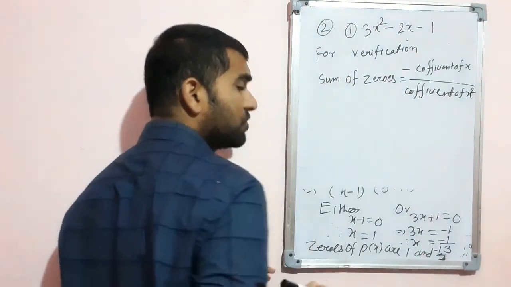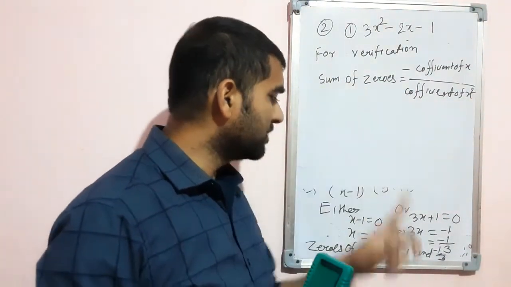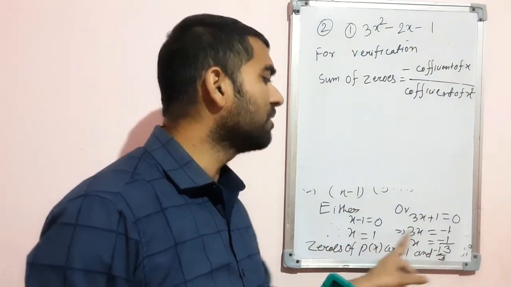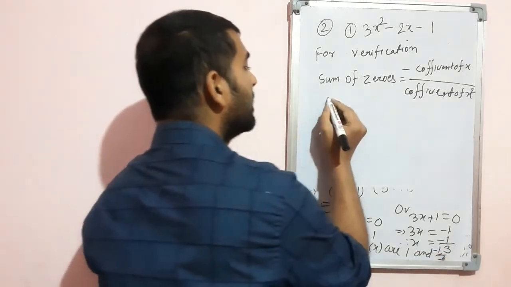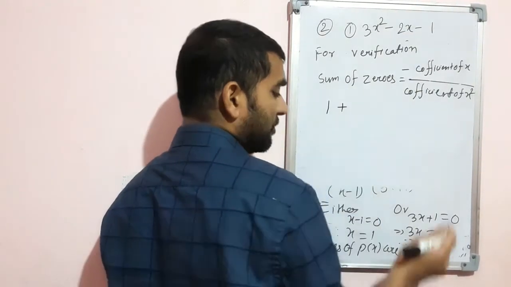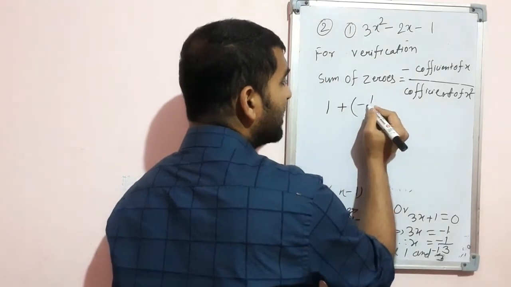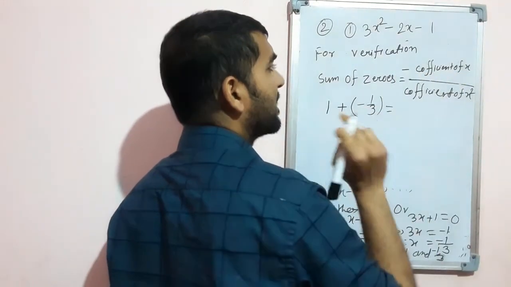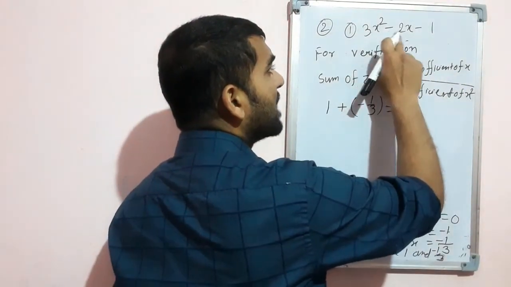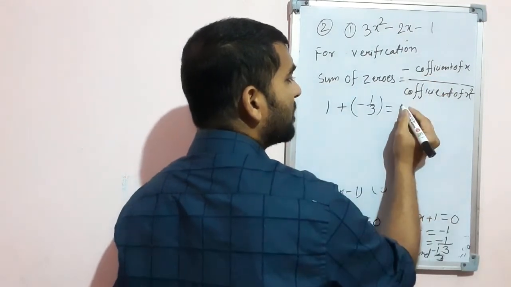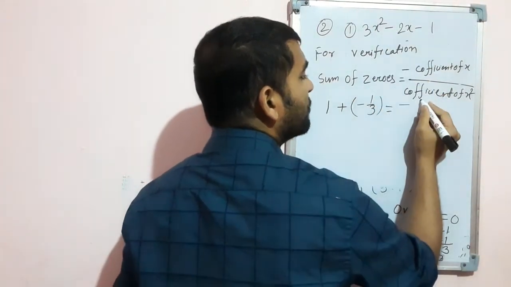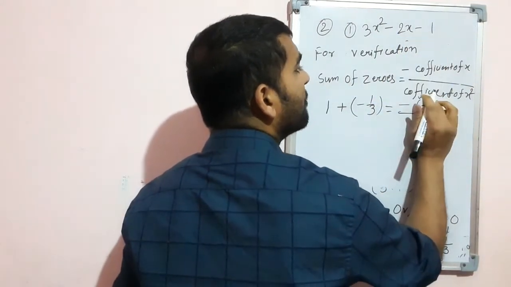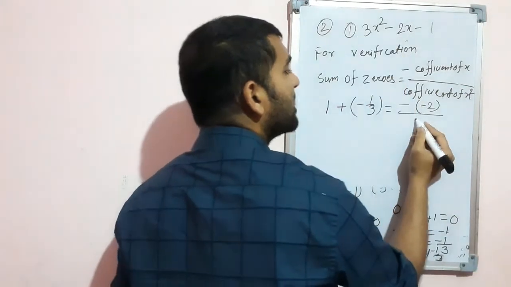Now the sum of the zeros. In case of sum of the zeros, we will add these zeros. We have obtained 1 and minus 1 by 3. So 1 plus minus 1 by 3. Clear? Sum is we have to add. Now minus coefficient of x. Which one is the coefficient of x? See, minus 2. So this minus is from the formula and minus 2 we write here because minus 2 is the coefficient of x, divided by the coefficient of x square, which is 3.